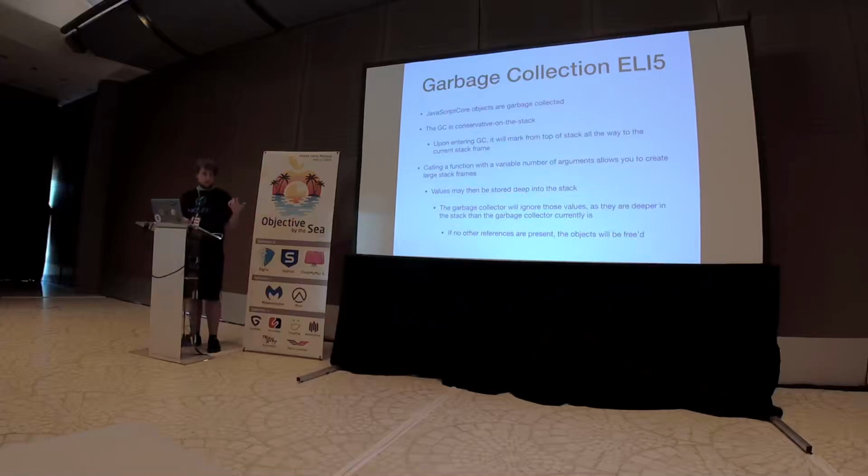By doing this, you can store some value very deep into the stack. When the garbage collector runs, those values will still be kept there, but the garbage collector is not going to be aware that those values are still potentially usable, because theoretically they aren't. It's just random garbage left over in the stack that should be initialized later on, and all the objects will be freed.